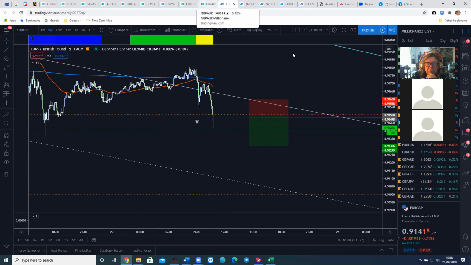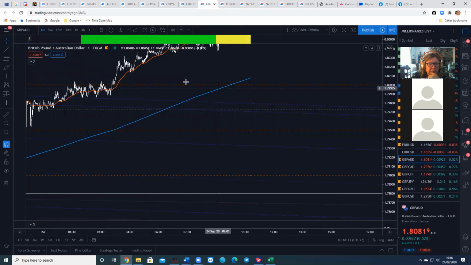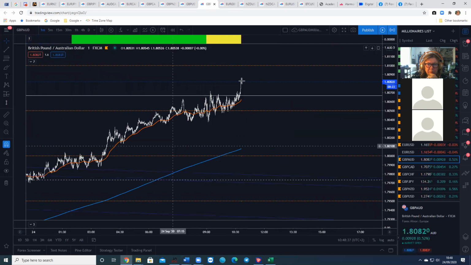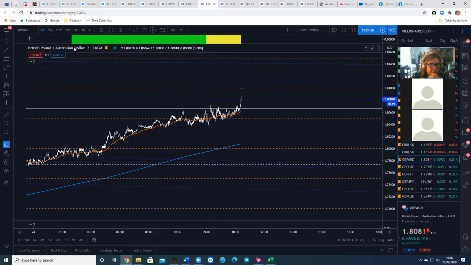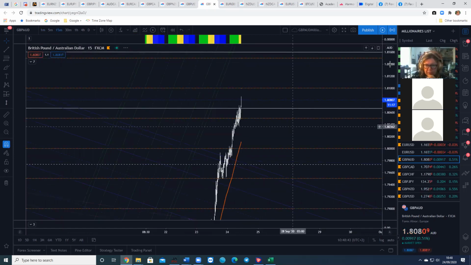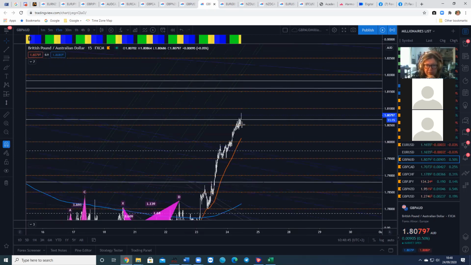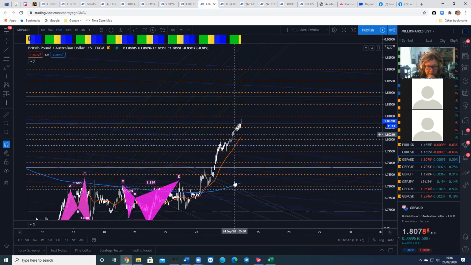Could look at GA while I'm here. So GBP is going the opposite way to the euros, which is good. Don't have any trade on this at the moment. That last scan I had was the 22nd.